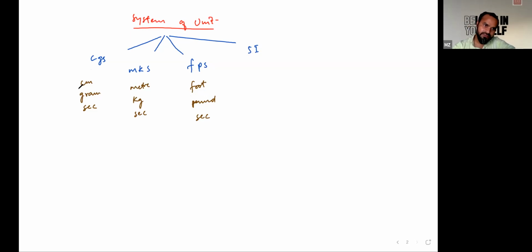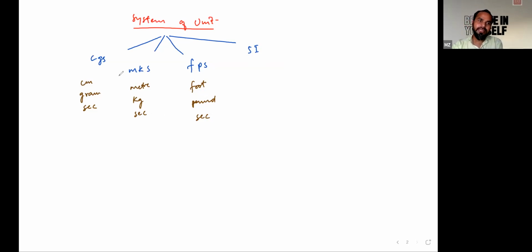But due to the advancement of physics, some more terms were included as fundamental quantities. So now we deal with the SI system of unit, which contains 7 different units. Other than mass, length, and time, we have temperature, electric current, amount of substance, and intensity of light. Okay. So now, how do we convert from one system to another?